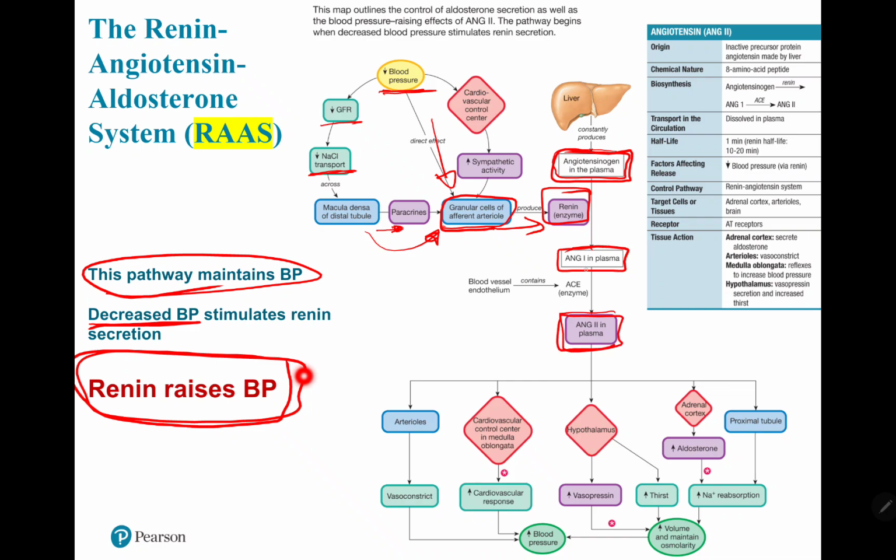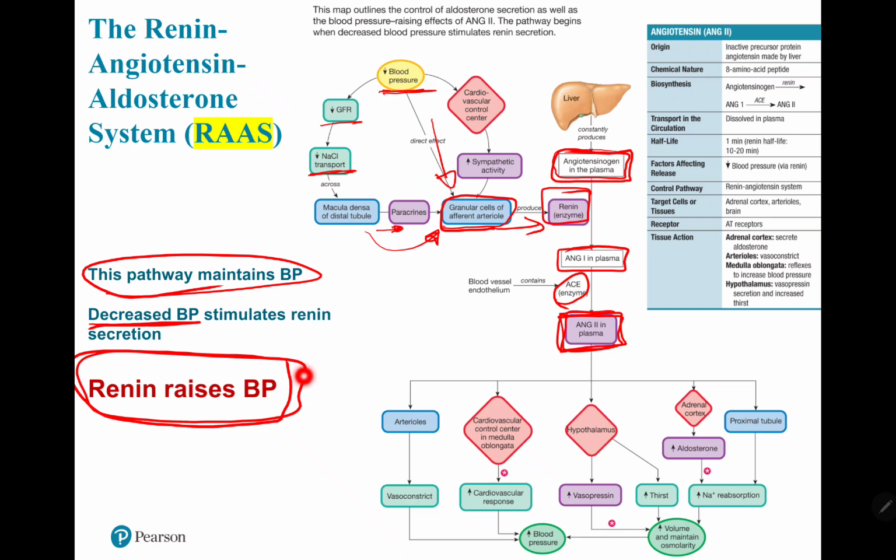Angiotensin I is in the blood. It's going to travel in the blood system and pass the blood vessel endothelium in the pulmonary circuit, which contains ACE, angiotensin converting enzyme. That's going to convert angiotensin I into angiotensin II.